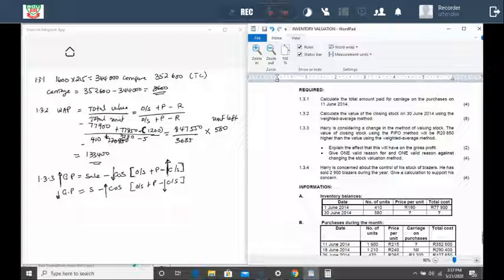So you can say, okay, it is an easy method and realistic. Okay, they are discrete. And also they are accurate when prices are changing.